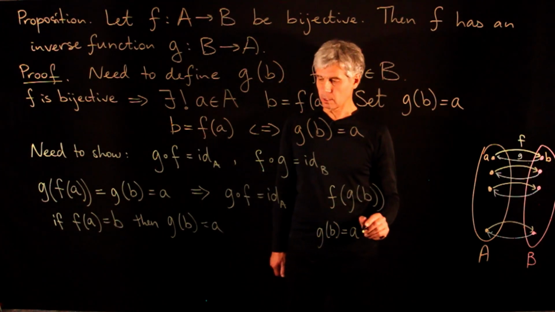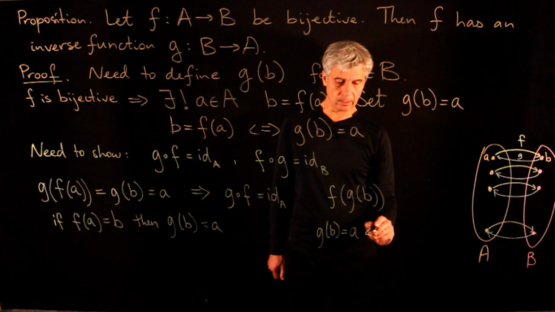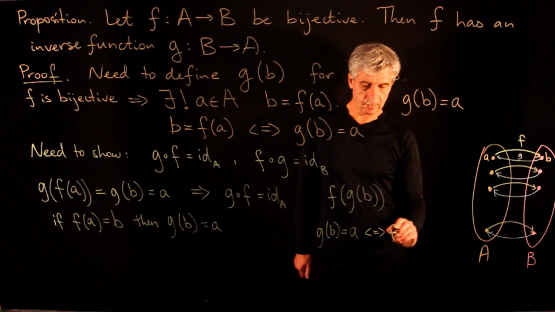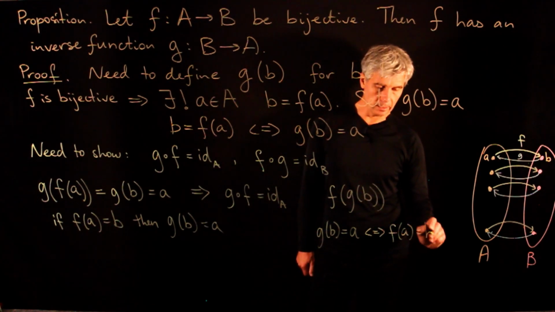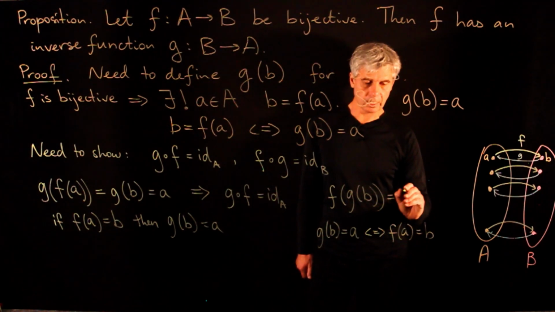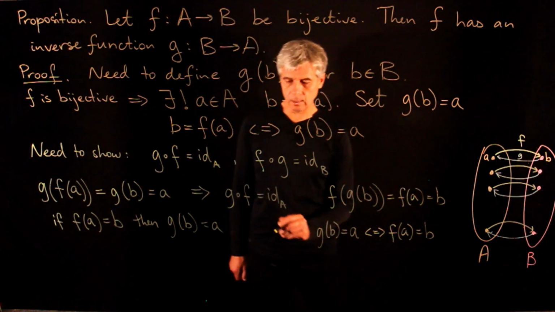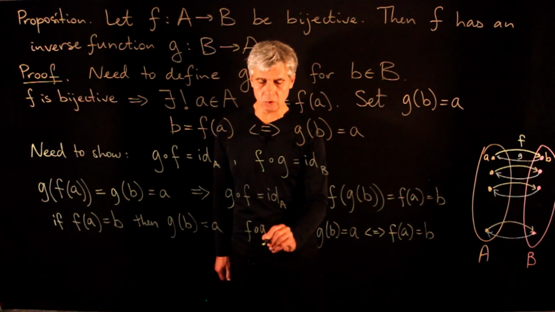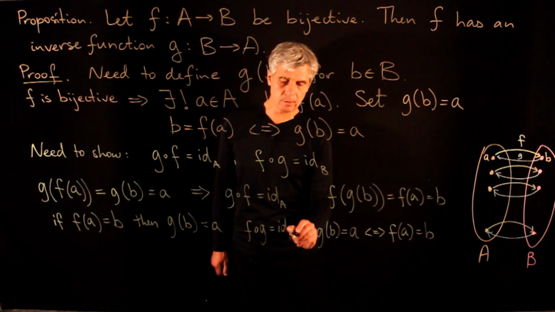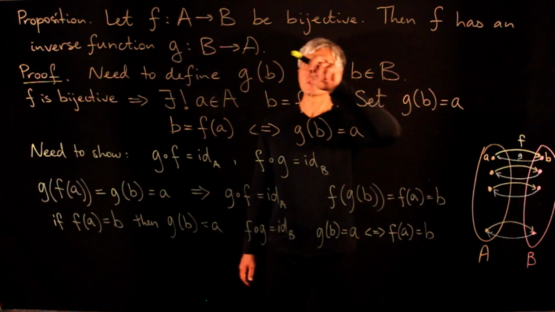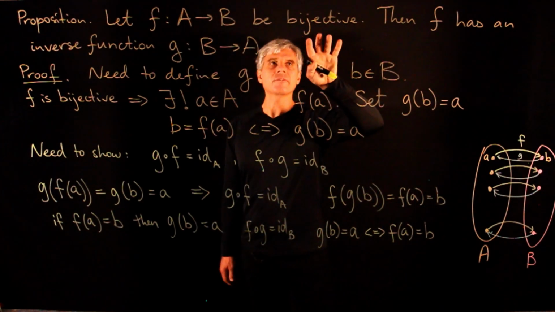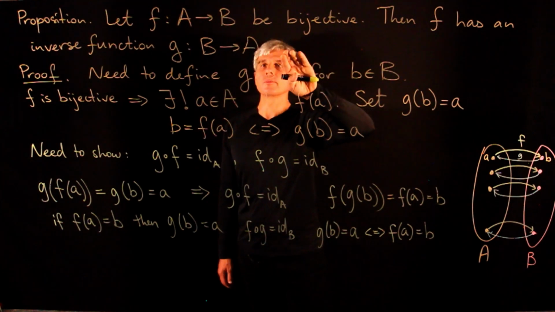So this says that f of a is equal to b. And so here we have f of a, and this is b. Again, we see that f composition with g is identity on the set B. So we have now proved the proposition that every bijective function is invertible.